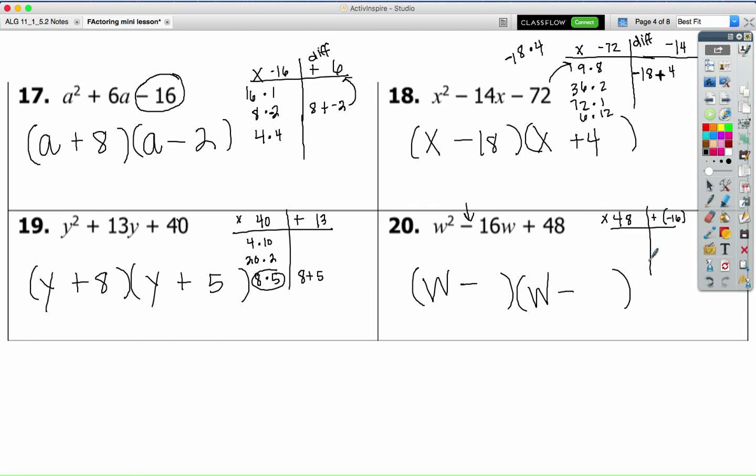So thinking of what we can multiply to get 48, 12 times 4 is the first one that pops in my mind, keeping in mind they're both negative. If I add together negative 12 plus negative 4, that also already gets us to negative 16, so those must be the factors that we want. If that hadn't been the first one I chose, I would list them out and see which one works.